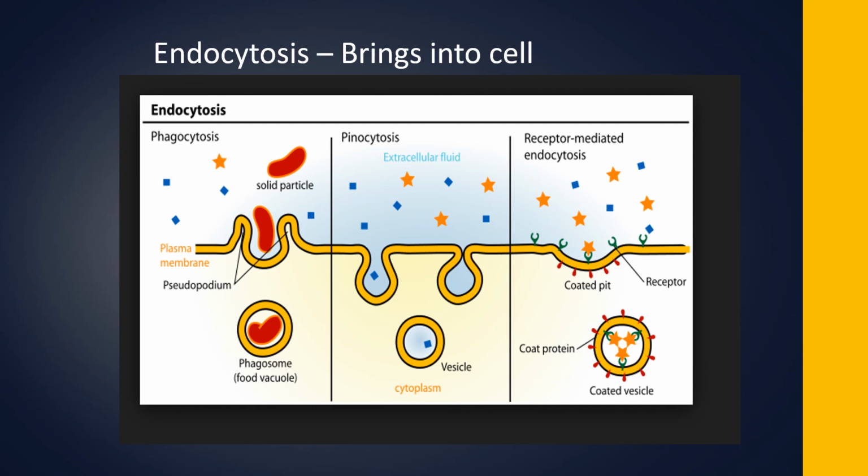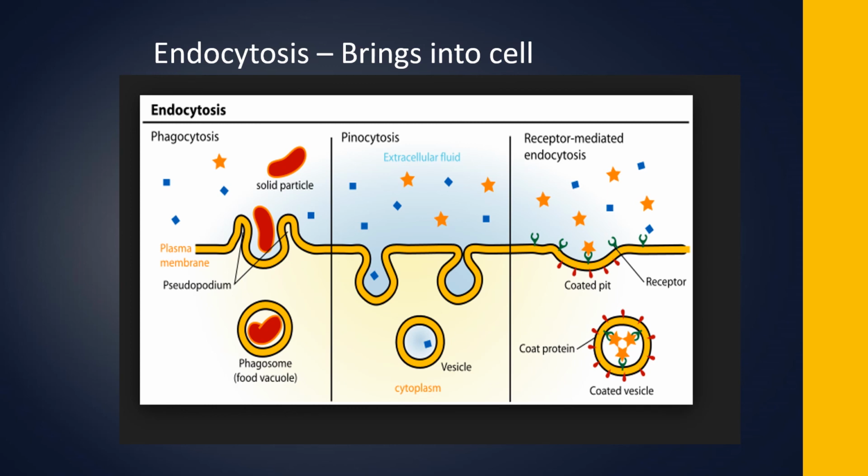When we say endocytosis, it is the process by which a cell surrounds a substance in the outside environment, enclosing the substance in a portion of the plasma membrane. The membrane then pinches off and leaves the substance inside the cell.